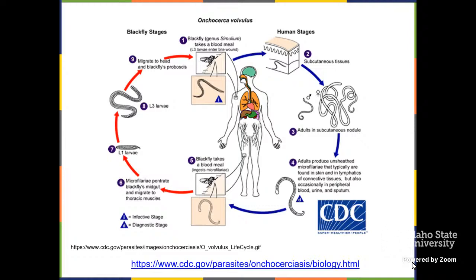The fly takes a blood meal, we get infected with the parasite, and it causes lots of problems. We can see some skin manifestations, but it also gets into the eye, and it's the juveniles, the filarial worms, these little juvenile worms make their way up into the eye, destroying the retina and lending to blindness, right?